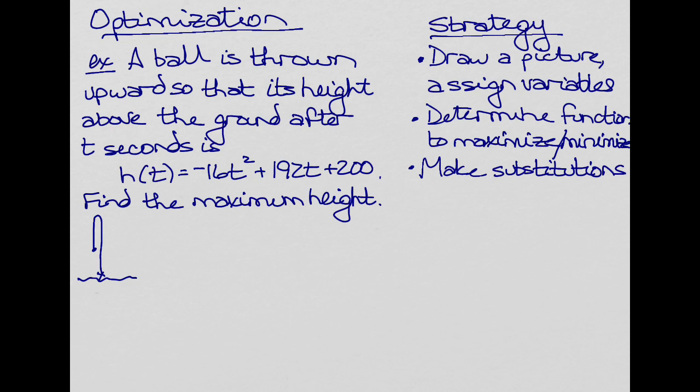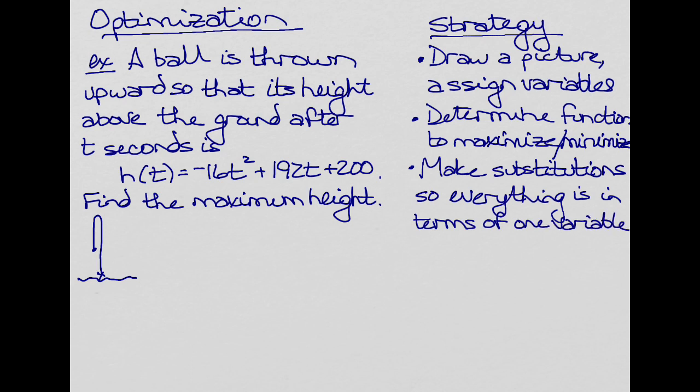Sometimes there will be a constraint, another piece of information about the situation that'll allow us to make these substitutions. But we're looking for one variable only. Here we're just throwing a ball in the air. We don't have any constraints.